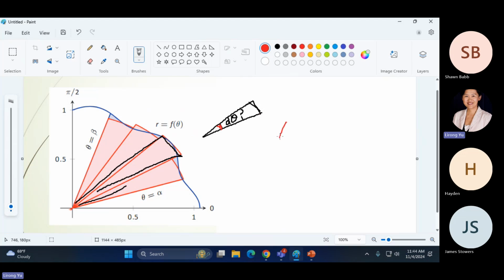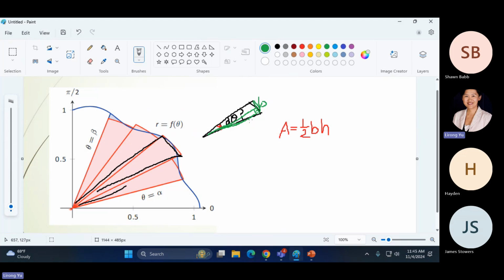The area for the triangle is 1/2 base times the height. Now, what would be the height of the triangle? You can draw a perpendicular line to the base. This part is your base. This part is the height.